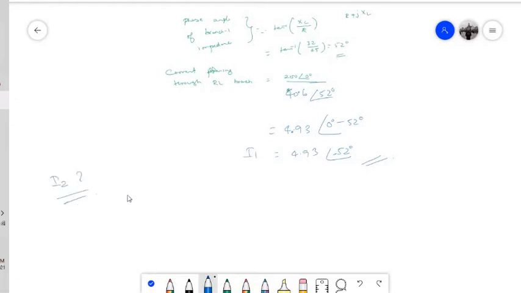And what about I2? I2 will be nothing but V divided by XC. What will be XC?